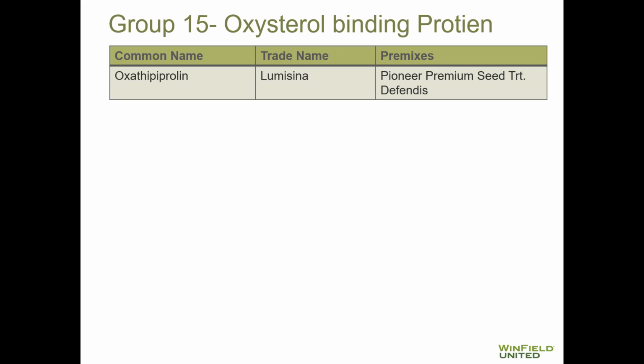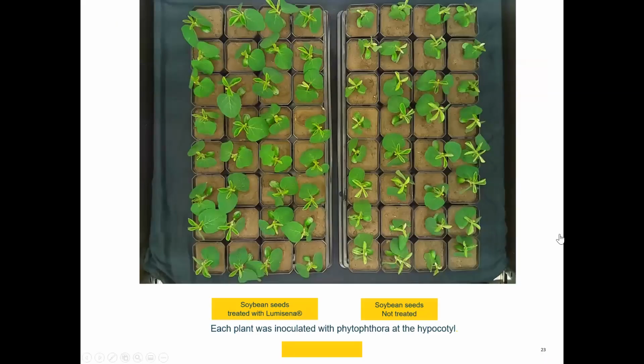Okay, another new one, and I'm not even going to attempt to say this active ingredient, but the active ingredient in Lumisena, very, very good on Phytophthora. Probably one of the best active ingredients on Phytophthora on the market. I'm not even going to try playing this video, but these are treated with Phytophthora, and you'll just have to trust me or watch the video at a later time.